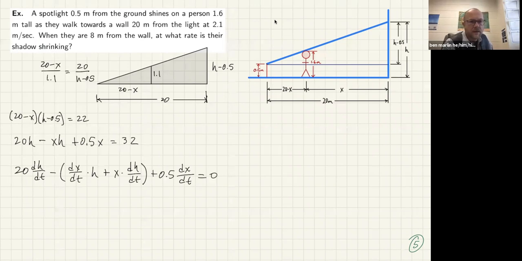Okay, now we have values for some of these, but not all of them, right?